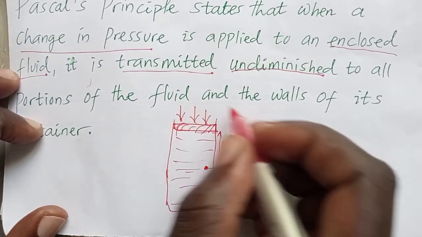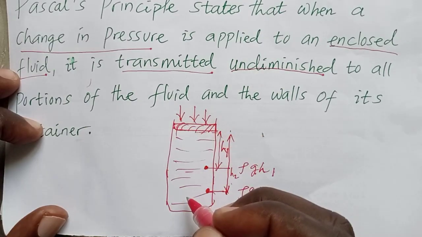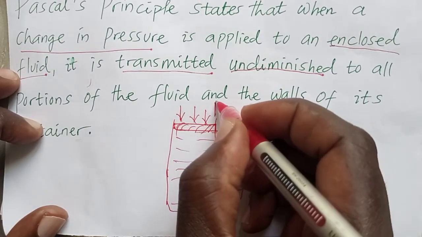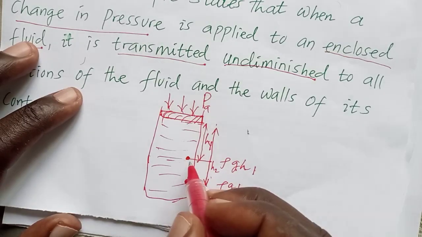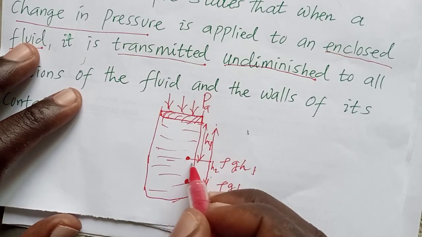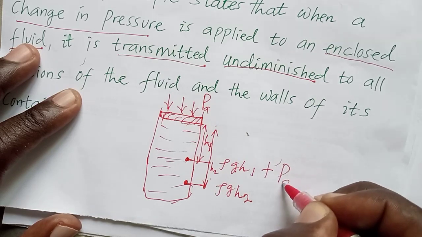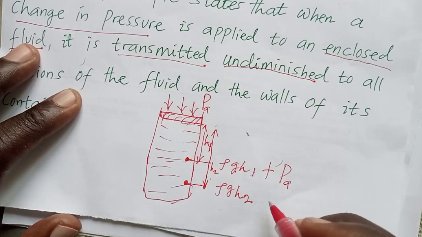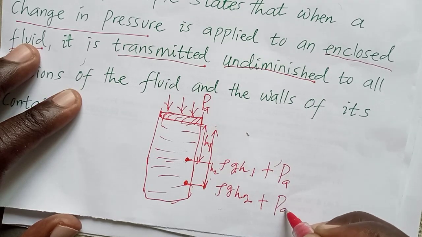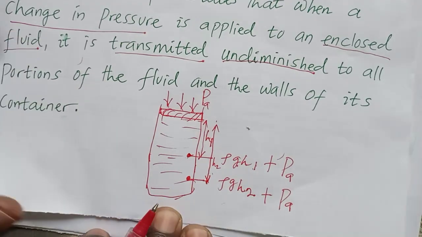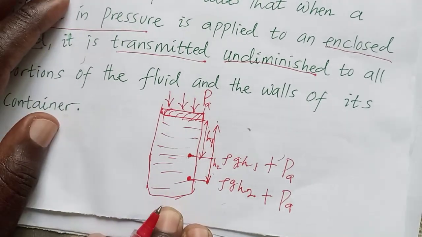as atmospheric gases are pressing on the container here, so you have atmospheric pressure. So it means the total pressure here at any point, like at this point, I will have to add atmospheric pressure to get the total pressure, and this one too, I will add atmospheric pressure to get the total pressure.